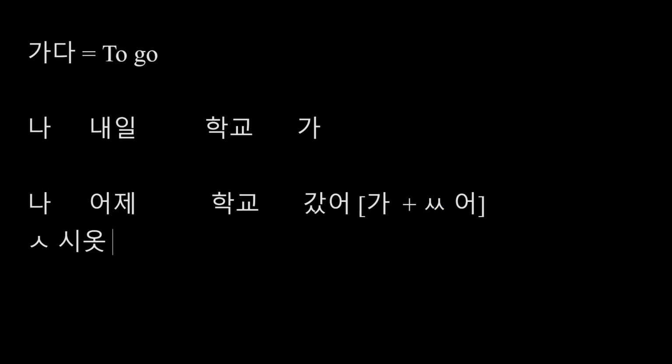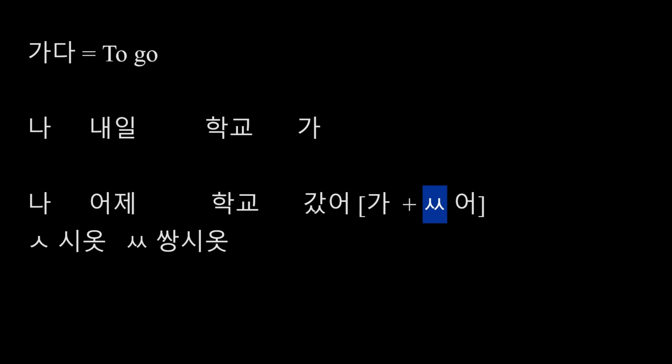So this one we call 쌍시옷. Here 쌍 means basically double. So it means double 시옷. So here the 쌍시옷 is the marker of the past tense.